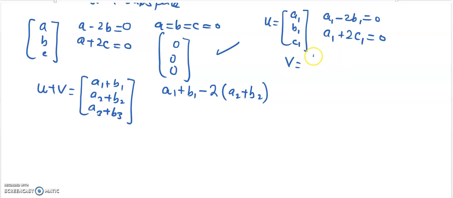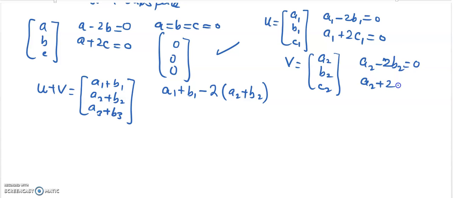Similarly, V is equal to A2, B2, C2, so A2 minus 2B2 equals 0 and A2 plus 2C2 is equal to 0. But in this combined form, A1 plus A2, yes, I think I made a mistake over here. That's why I was wondering something is not working very well.